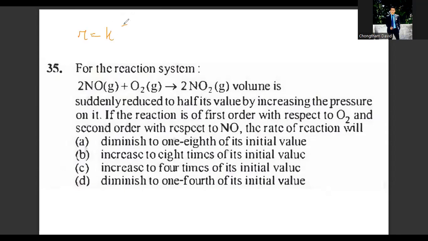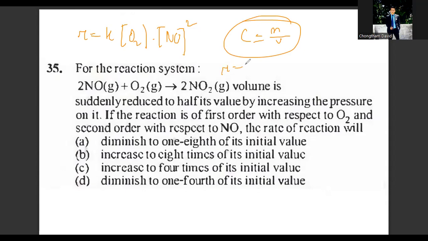The rate law equals k [O2][NO]squared. So from the rate law, you write the stoichiometric coefficient. So when the volume is reduced to half, the concentration will be doubled, right?